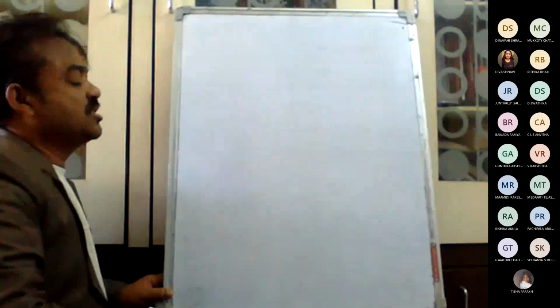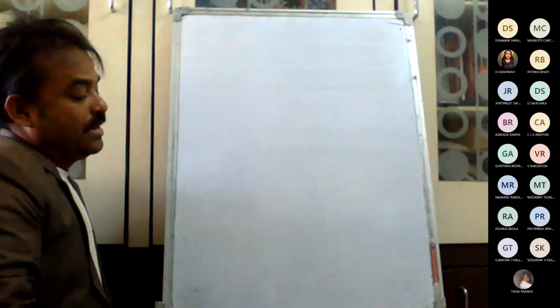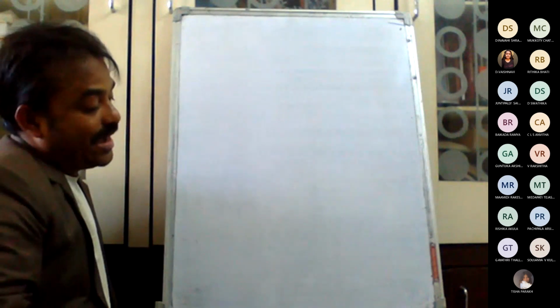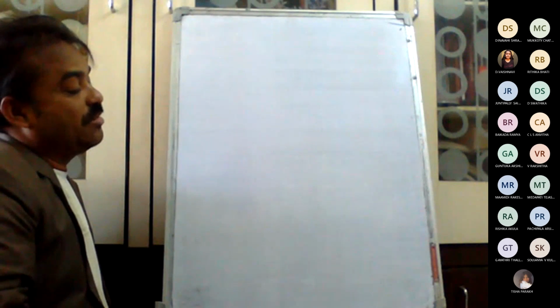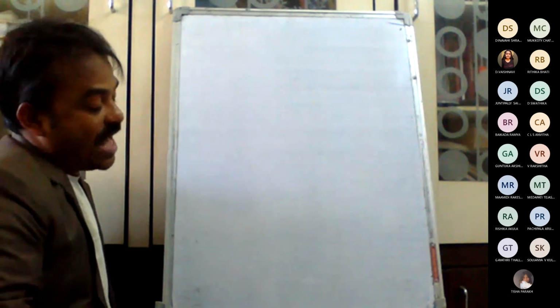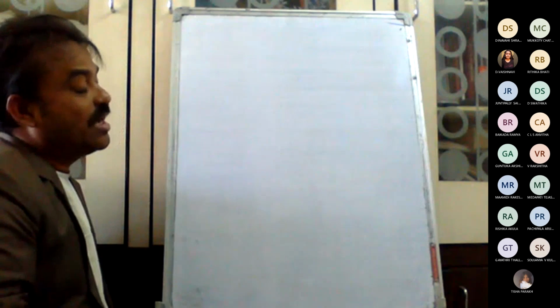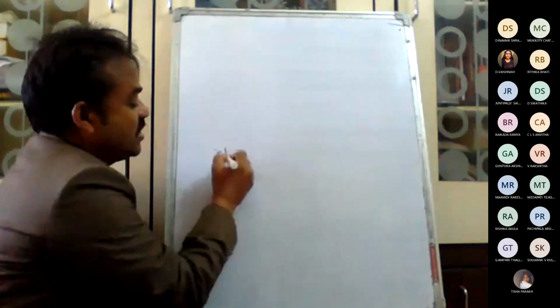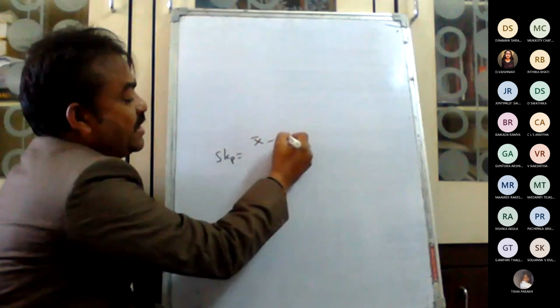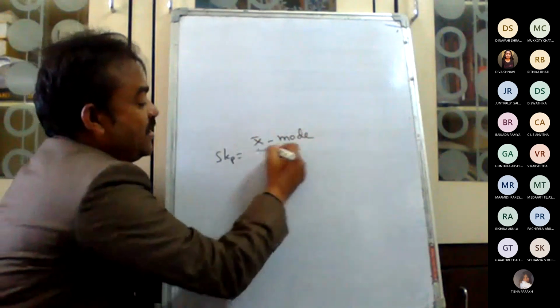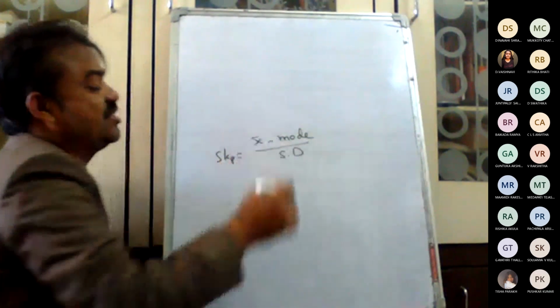Actually, it is the relationship among the deviation and central values. What is the relationship among the various averages of central value with the deviations? Actually, SKP is equal to mean minus mode divided by standard deviation.